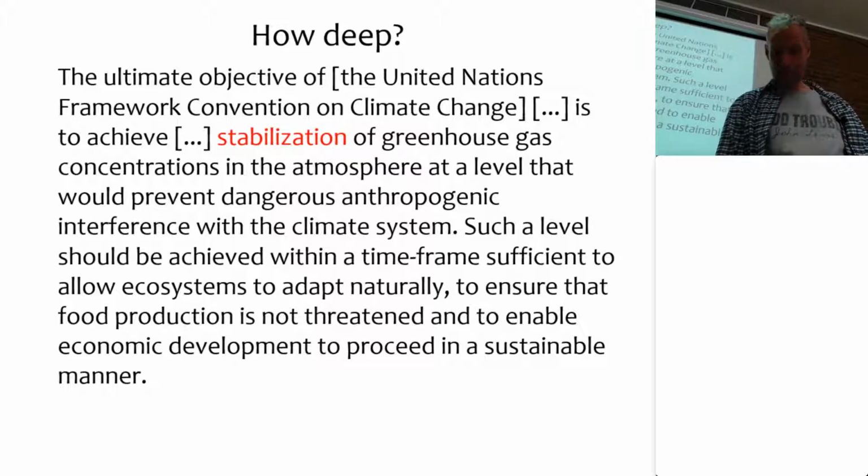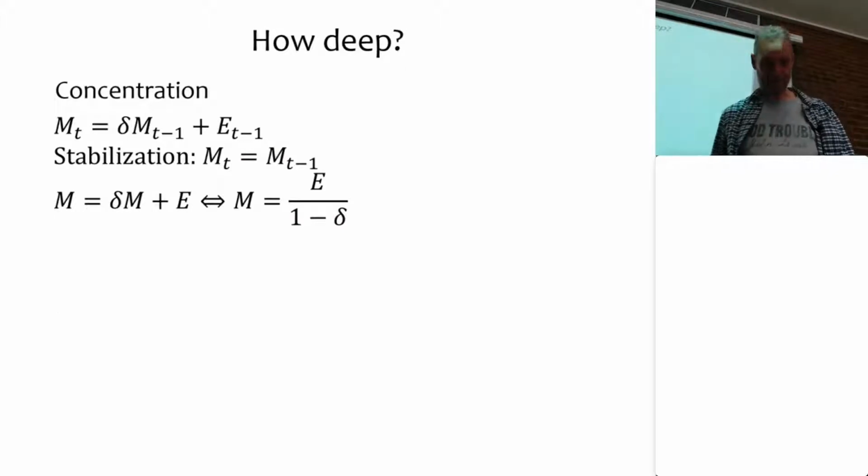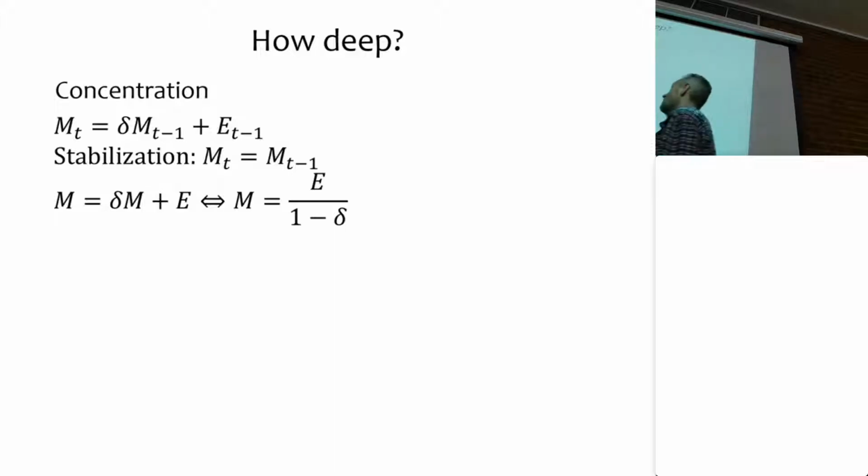Let's go back to the carbon cycle. So let's assume that the carbon cycle is governed by a first order linear difference equation. So the concentration at time t depends on the concentration in the previous period, and only a fraction of it remains.